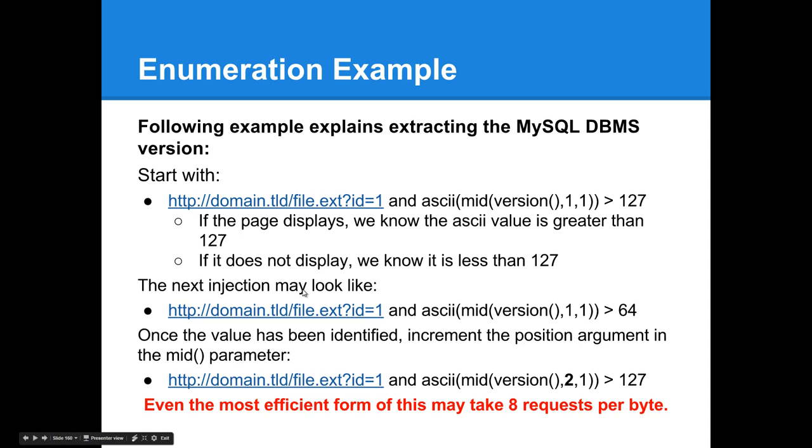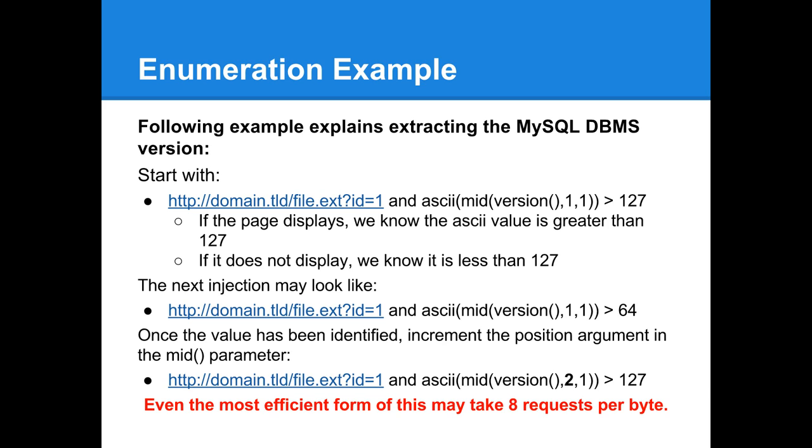Then your next injection may look like this: convert to ASCII the substring of the version string, starting at character 1 for length 1, and see if, for this lower half, where the midpoint would be 64, it's greater than 64. If the page displays, you know that it's greater than 64. If it does not display, it is less than 64.